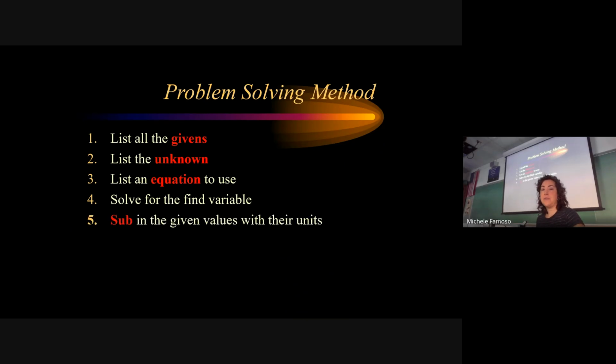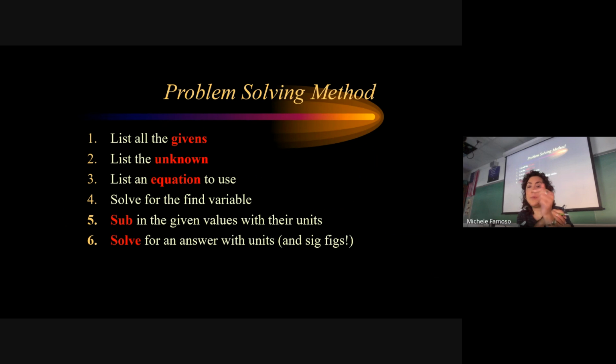Step 5 is then to substitute in the given measurements, including their units, into the equation that you developed when you isolated the unknown variable. So we say substitute or sub in. Sub starts with an S. So again, we're building and creating this word, GUES.